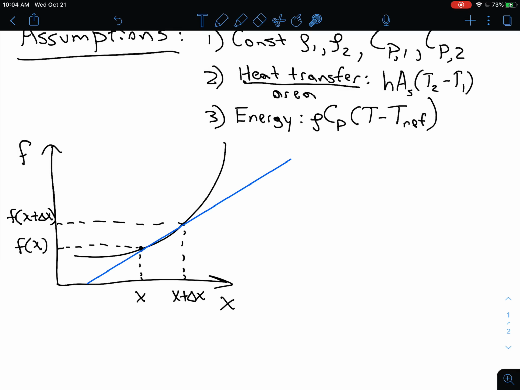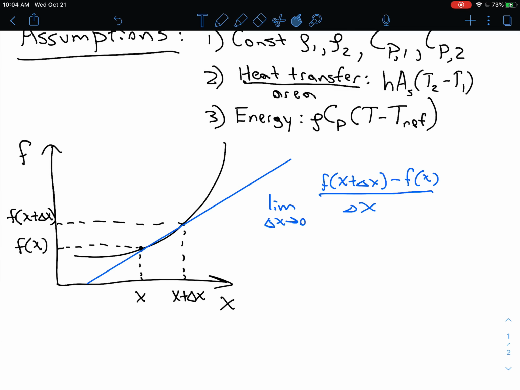It's connecting 2 points on the curve, but as I take the limit as delta x goes to 0, this becomes the tangent line. So f of x plus delta x minus f of x, divided by delta x.